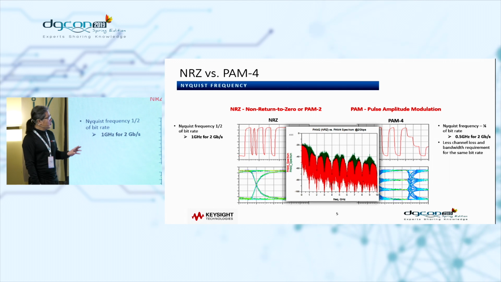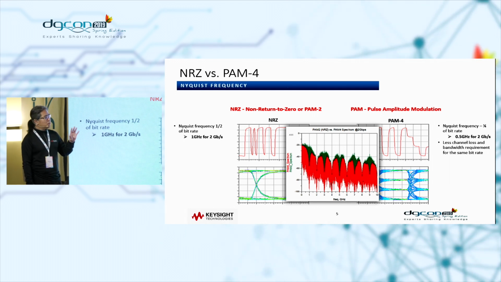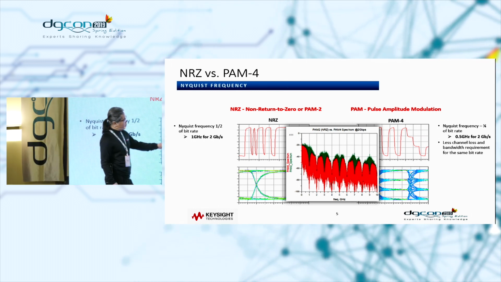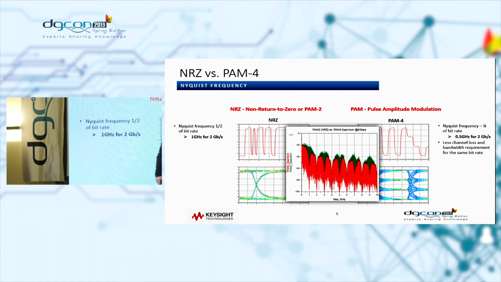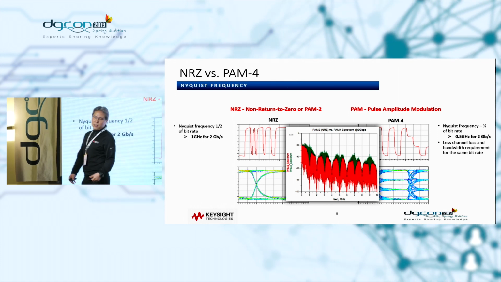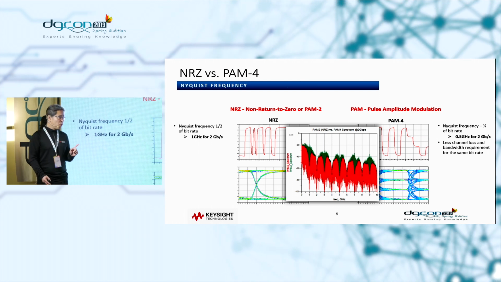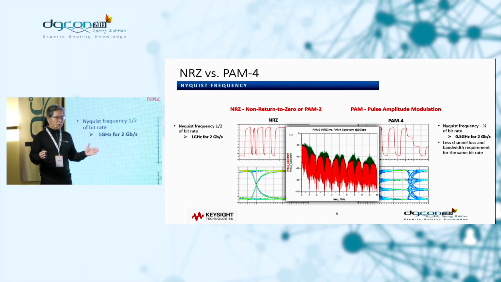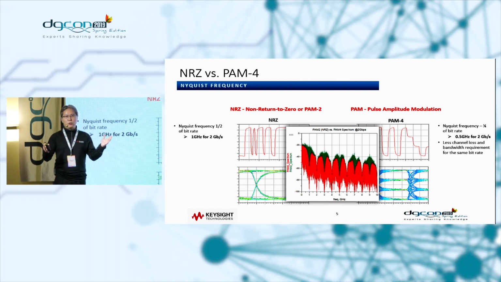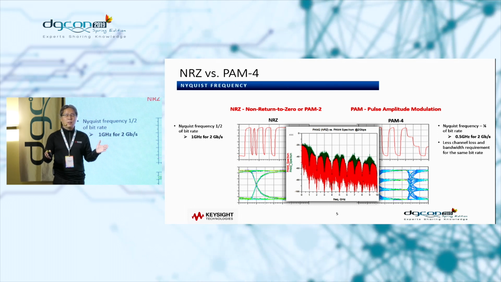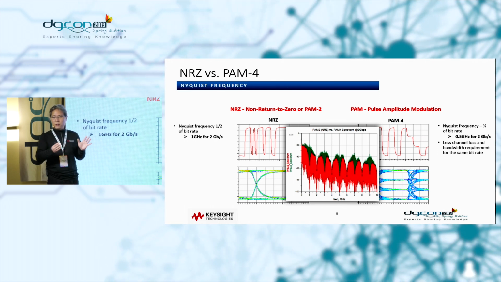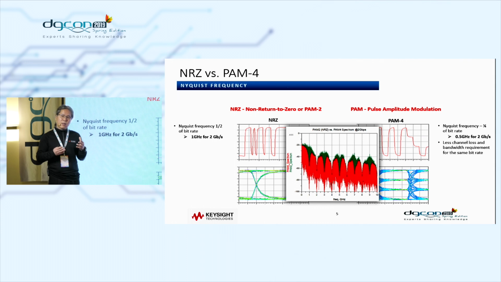The other benefit, when you look at the Nyquist frequency or spectrum data, as you can see, this is NRZ or PAM2, green color, but this is PAM4. That means the Nyquist frequency for PAM4 is half of PAM2. So think about it. You have the same channel, let's say a 10-inch transmission line. But since you are sending a smaller bandwidth of data through the same channel, you can get less loss from the same transmission line system.